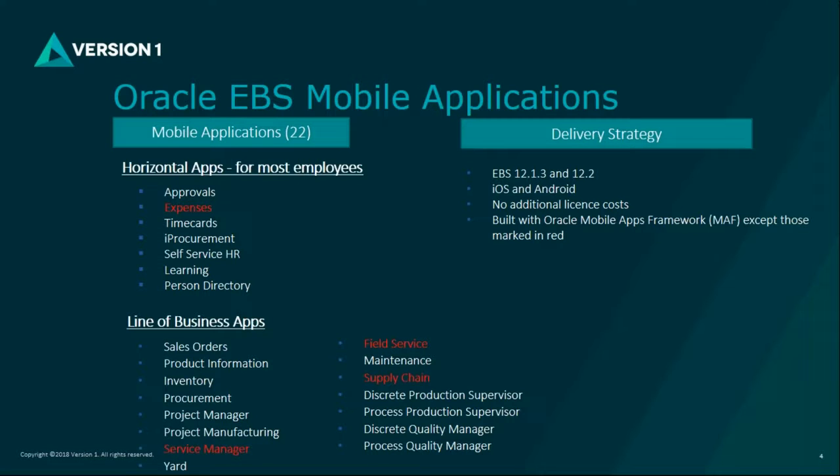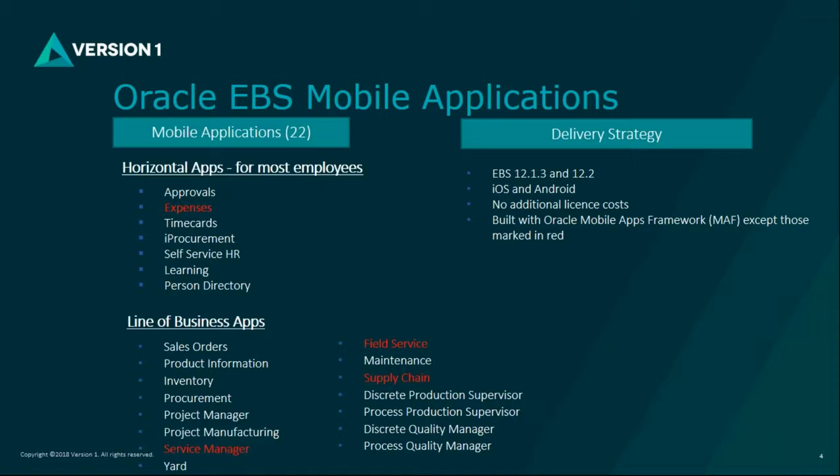Looking at the apps that are available, as you can see on the left of this slide, there are 22 applications currently available for smartphone and tablets. They're available for EBS release 12.1.3 and higher on iOS and Android platforms. Expenses and self-service procurement are also available for Cloud ERP.